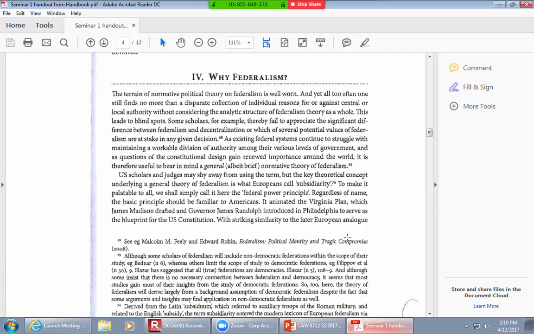So he wants to call it the federal power principle. Others have called it different names. So when you do your research, you need to understand that you are not only researching the word subsidiarity. That would limit your research to only the Catholic Church and only probably to legal writings in the context of the EU.